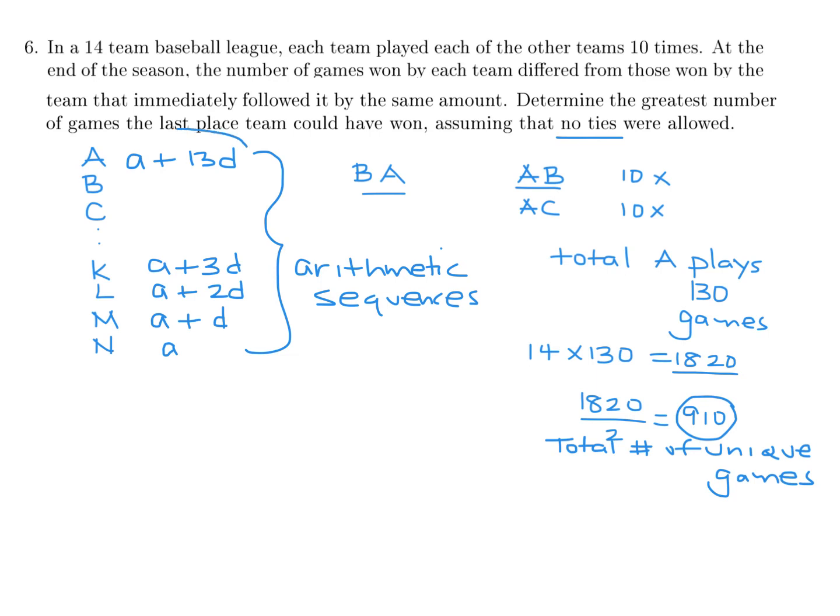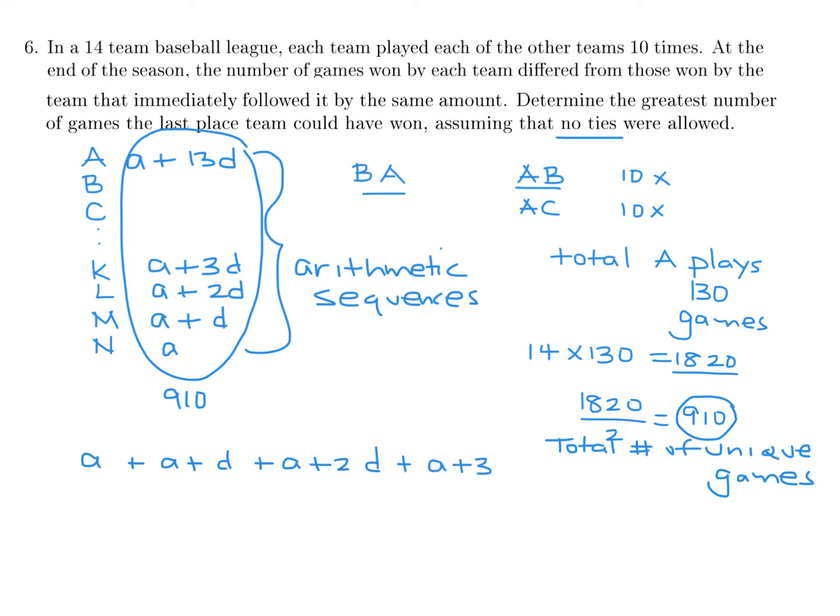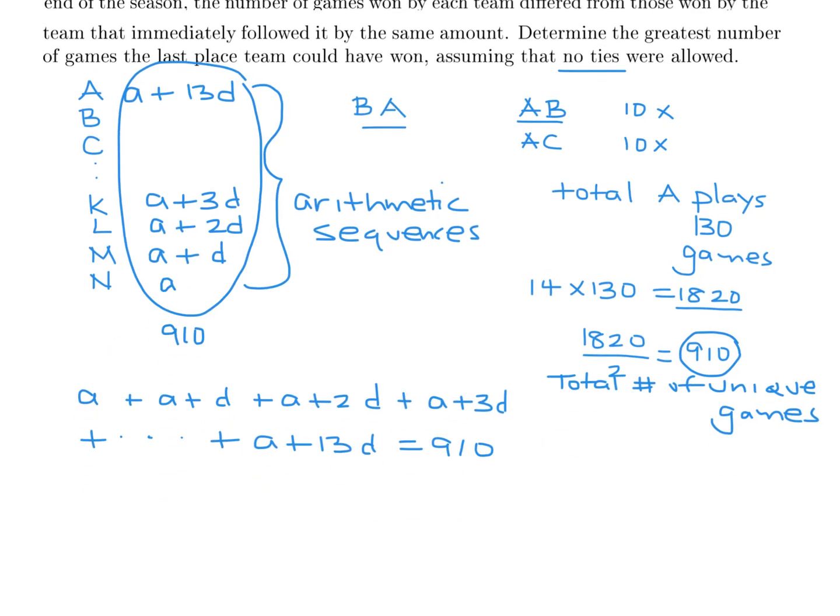So that means if you add up all these guys, it's got to equal 910. Correct? So that means A plus D plus A plus 2D plus A plus 3D and so on, all the way to A plus 13D. All of that has to equal 910.